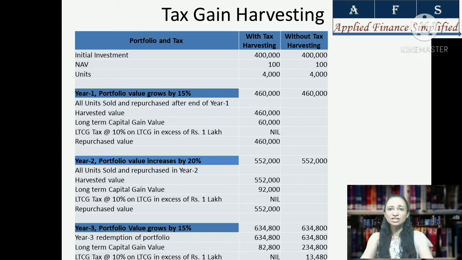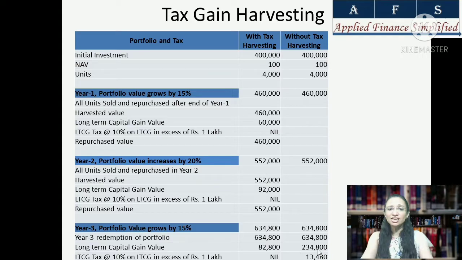When compared to the scenario where we have not utilized tax harvesting, you will see that the initial investment of 4 lakh after a 3-year period has grown to the same amount of 6,34,800 in both the cases. But when tax harvesting is not applied, we realize the capital gains at the end of the 3-year period of 2,34,800.